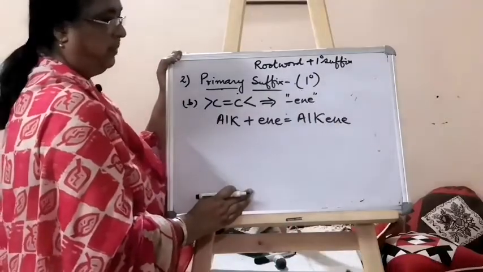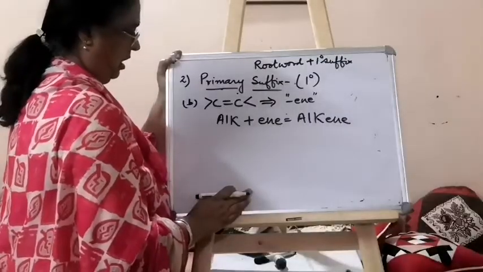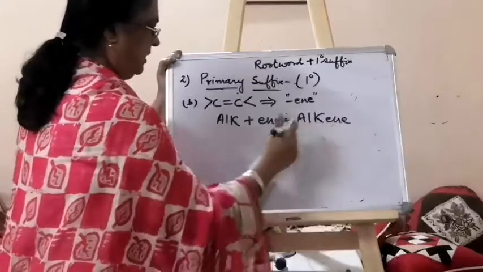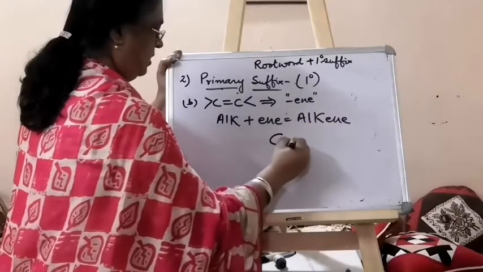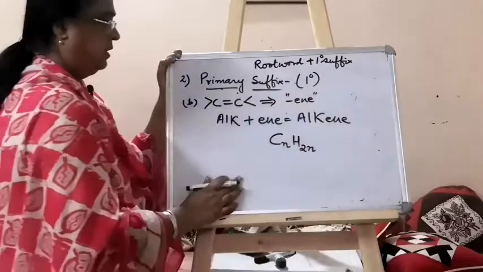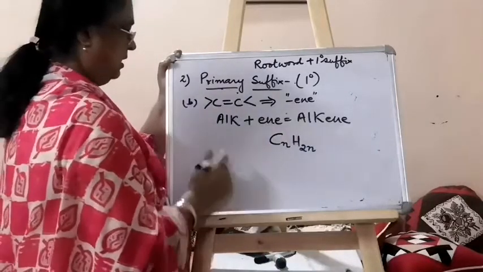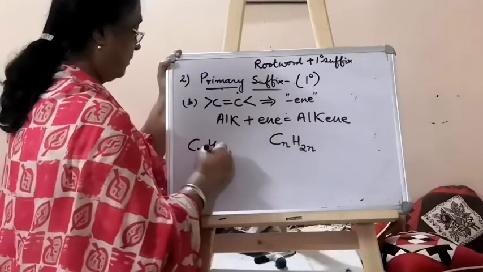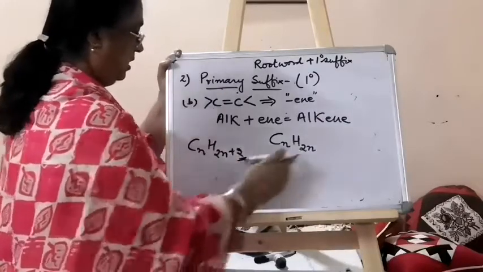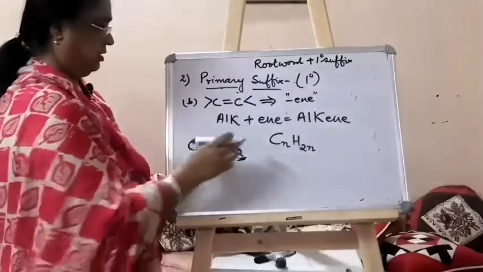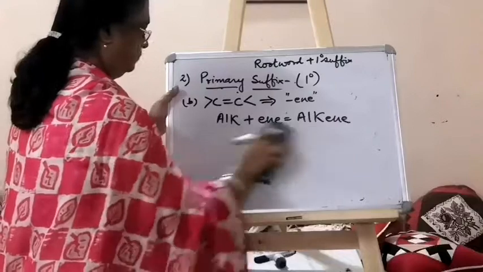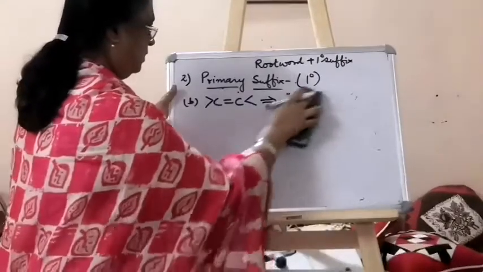Ethene, propene, butene and pentene, these all are called alkenes and they have the general formula CnH2n. 2 hydrogens less. This is your alkane which has 2 hydrogens extra. And here 2 hydrogens less. So this is alkane, this is alkene. Now the third.